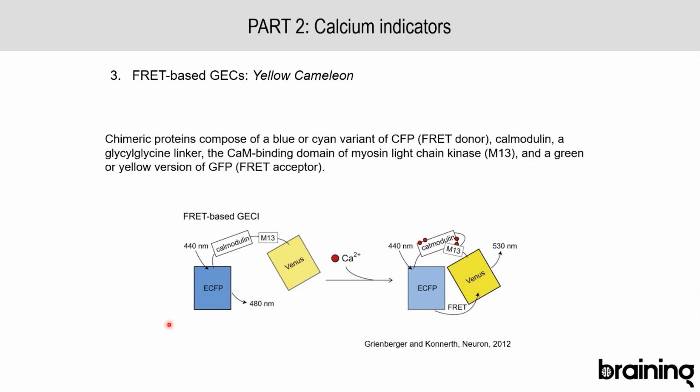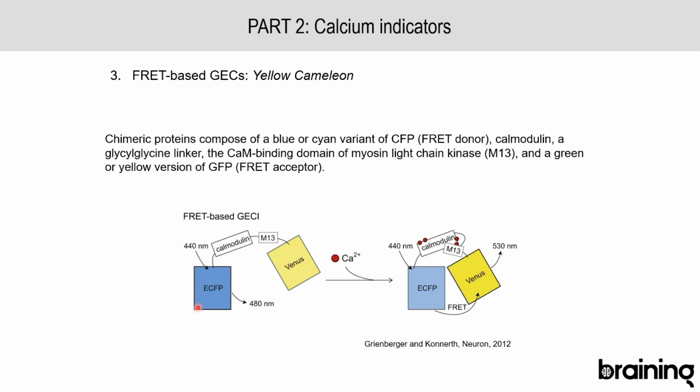So what happens is that these two, the CFP and the YFP, need to be very close to each other in order to have a FRET signal. We will excite the first protein, the CFP, at 440 nanometers.